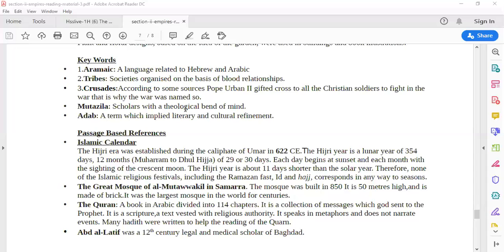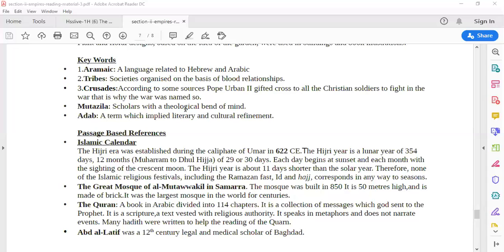No, this is not on page number. I can't find this. This mosque was built in 850. It is 50 meters high and it is made of brick. It was the largest mosque in the world for centuries. Yes, I can see it. It's on page number 84.